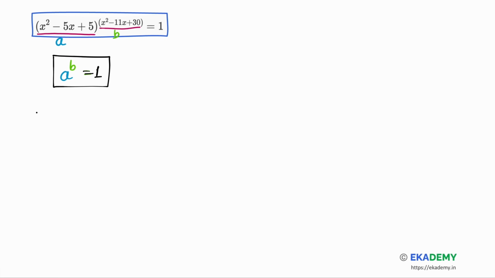Now we need to think about what could be the possible values of a and b that satisfy this equation, right? So look at the left hand side of this equation.